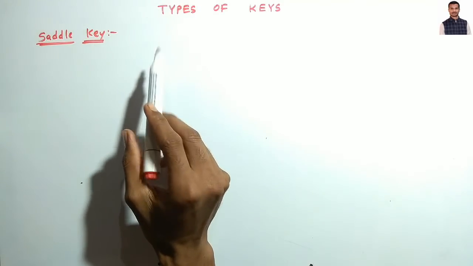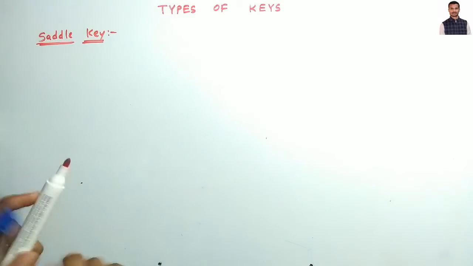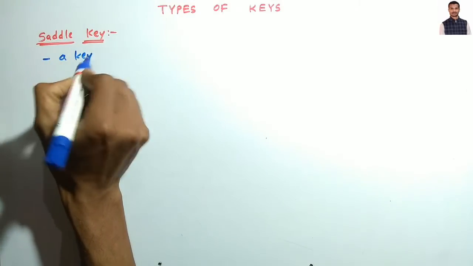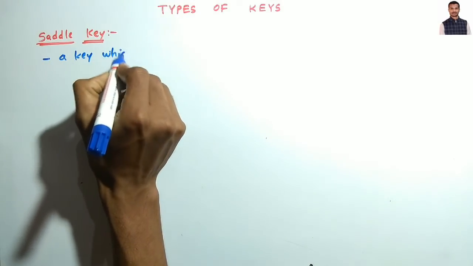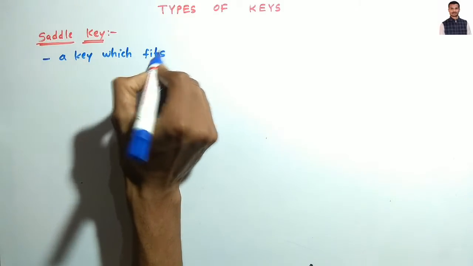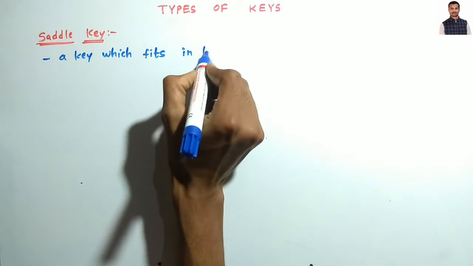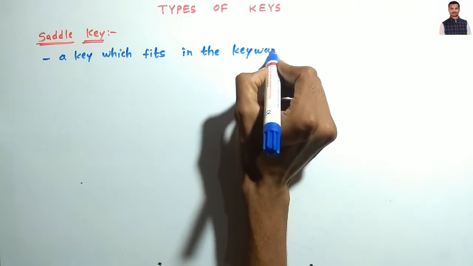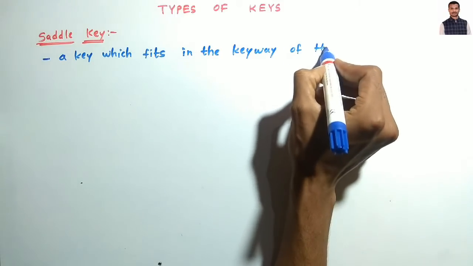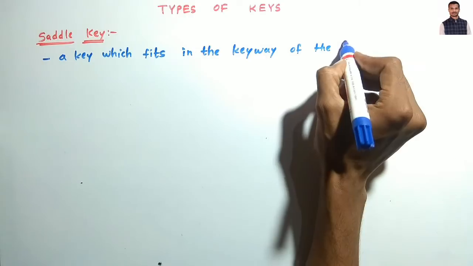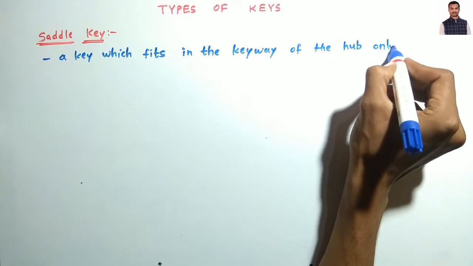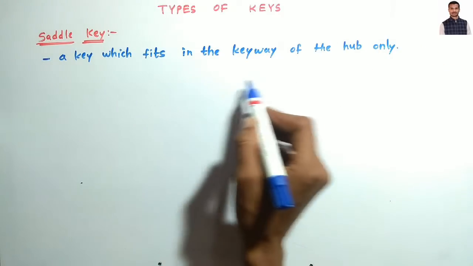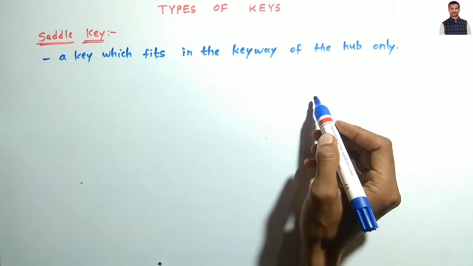Now friends, let us see the next type of key, that is the saddle key. Let us see what is meant by saddle key. So a saddle key is a key which fits in the keyway of the hub only.